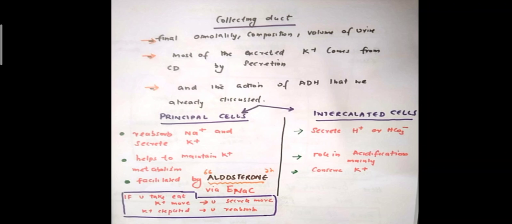Principal cells reabsorb sodium and secrete potassium, which helps to maintain potassium metabolism, and it is facilitated by aldosterone via the ENaC channel. So if you eat more potassium, you secrete more, and when potassium is depleted you reabsorb. Okay, and intercalated cells secrete H plus or HCO3 and play a role mainly in acidification, and they conserve potassium.